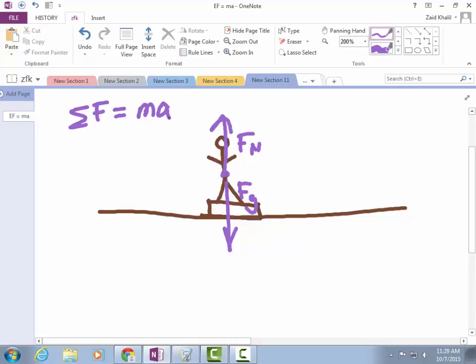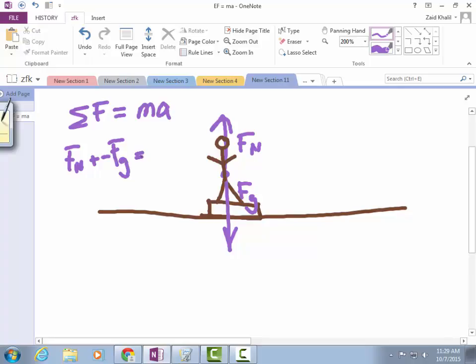We'll see this in a little bit. So now what? Now we write the left side of Newton's second law based on the free body diagram. What do we have? Equals.